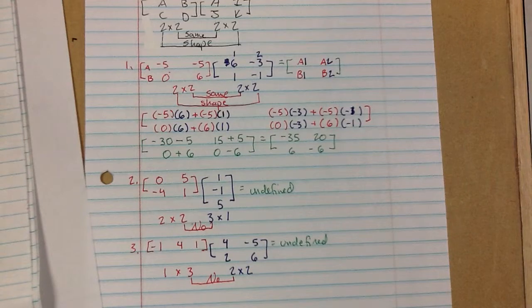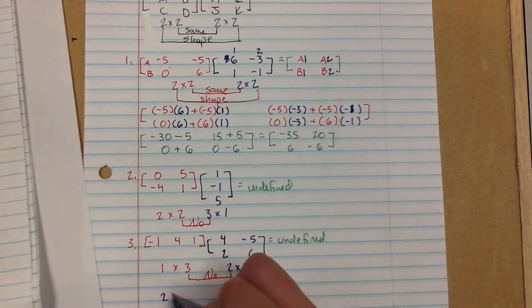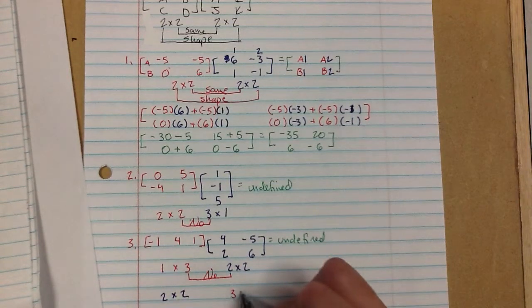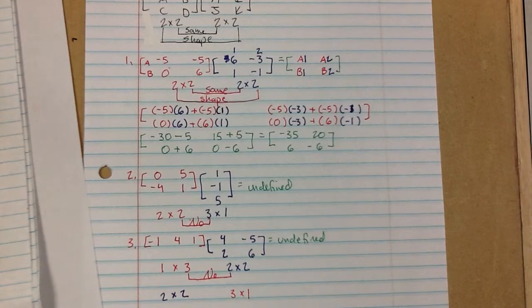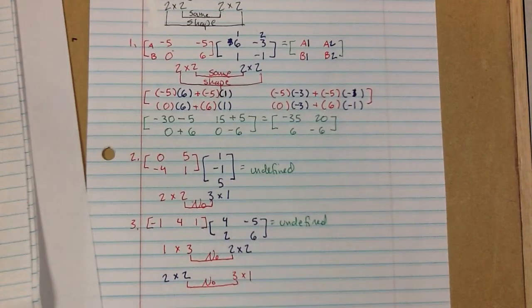Yeah, you can switch them around, but if you do that, you're not going to get the same answer. Because if I put the blue one in front and the red one over here, I now end up with dimensions of 2 by 2 and 3 by 1. No, you still can't put them together, but if we could have, the answer would have been 1 row and 2 columns, whereas this one is 2 rows and 1 column.